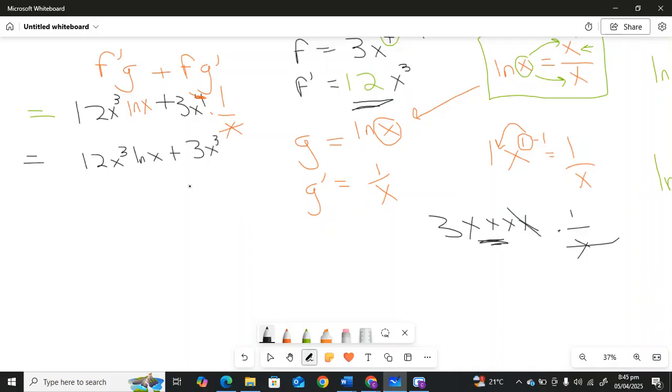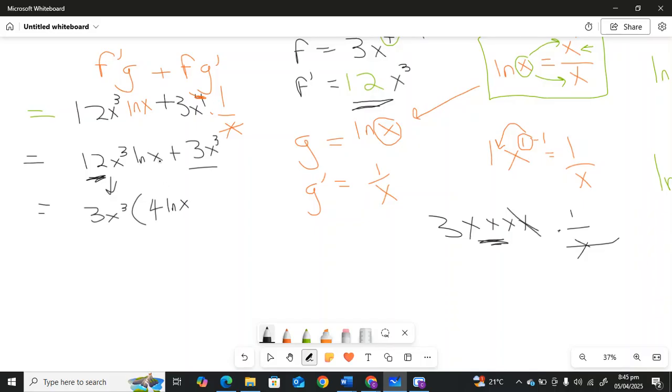And we can simplify this answer even further. We can factorize it because 3x cubed is also divisible by 12x cubed. So if you factorize the common factor here, 3x cubed, 12x cubed divided by this 3x cubed, you get 4 natural log of x.